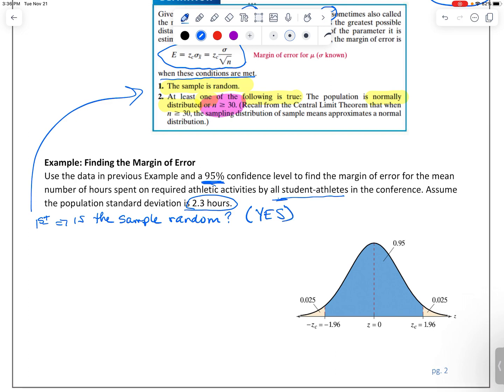Okay. Then we have to decide, is the population normally distributed, or is n greater than or equal to 30? All right.